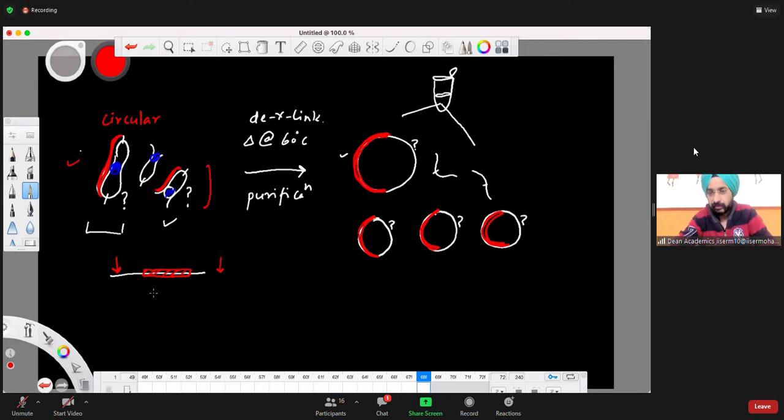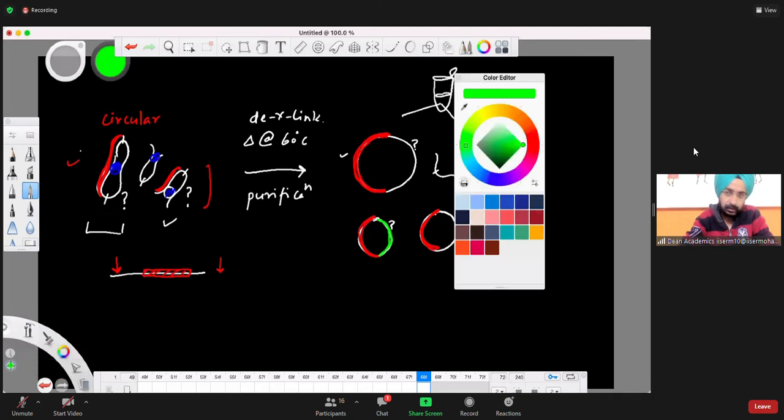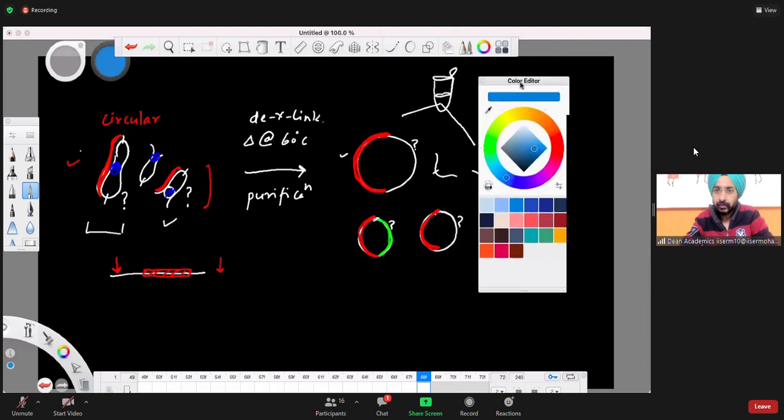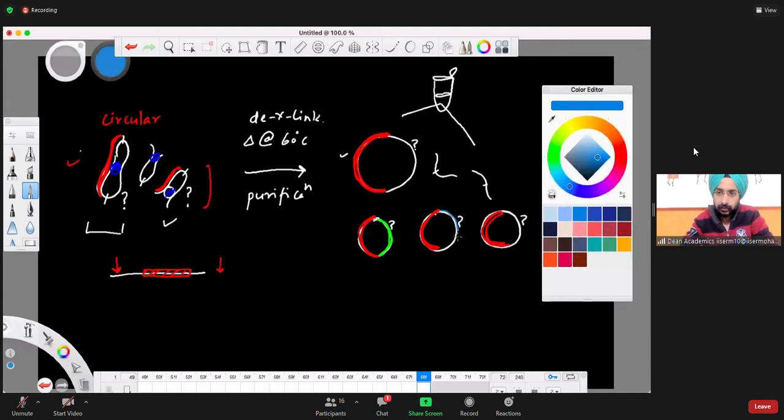Let me color them in different colors, right? So one of them is green over here. Another one is blue. And yet another is yellow.